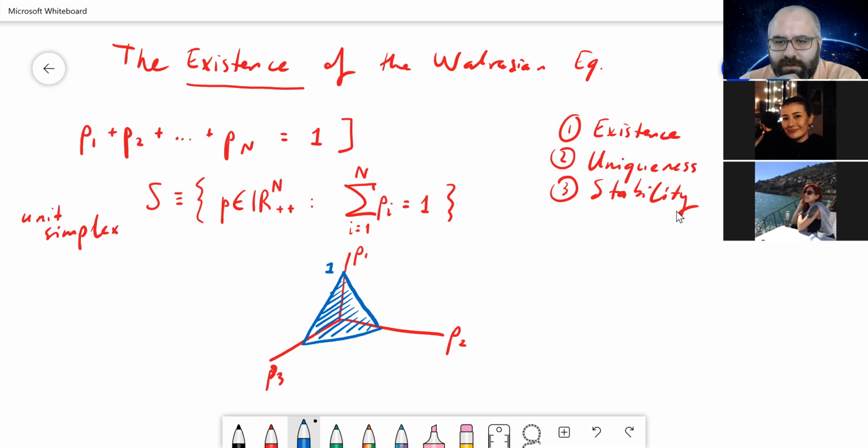Of course, these intercepts are just one. In 2 dimensions, it is of course like this: P1, P2. You have that.